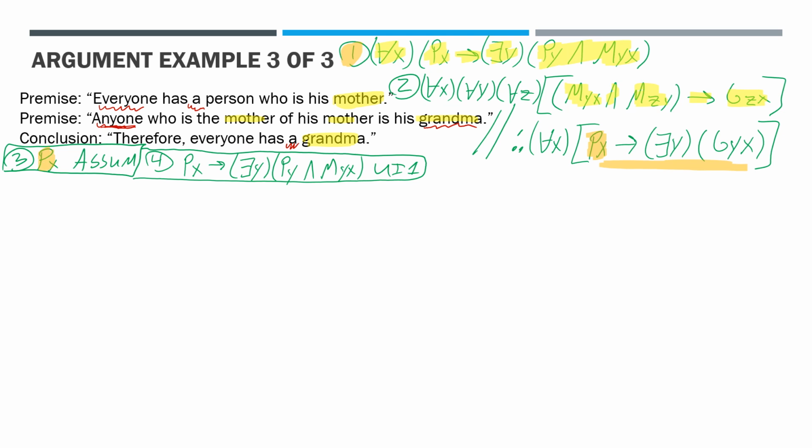Line 3, we have px that appears in line 4 in the antecedent. So for 5, we can get there exists some y such that py and myx by modus ponens with lines 3 and 4.